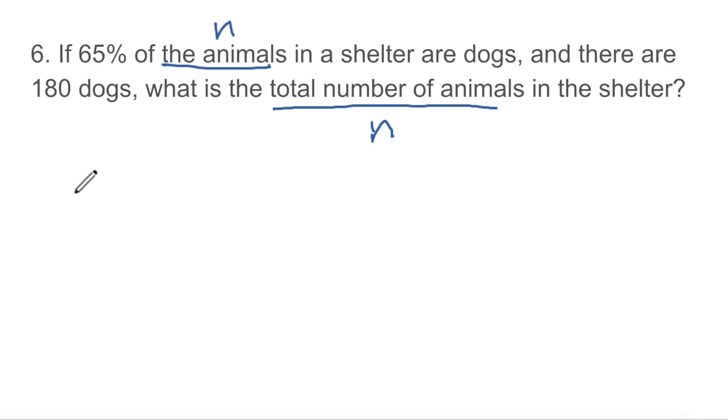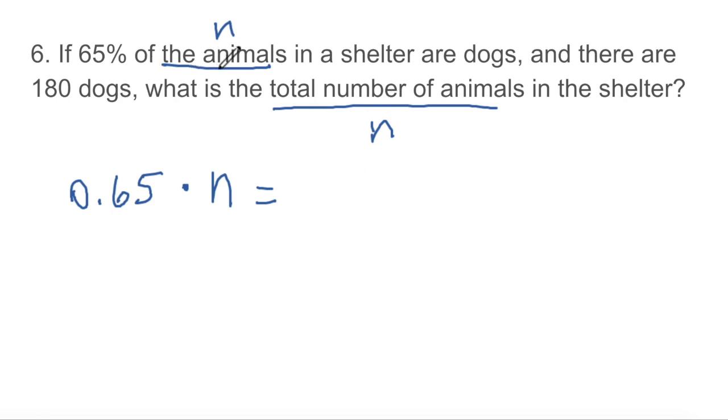What is 65% in a decimal? Well, that's 0.65. Of means times. The animals, this is n. 65% of the animals in the shelter are dogs, and there are 180 dogs. Well, 65% of n is equal to 180, isn't it?